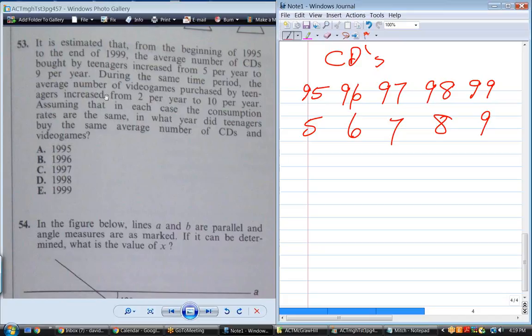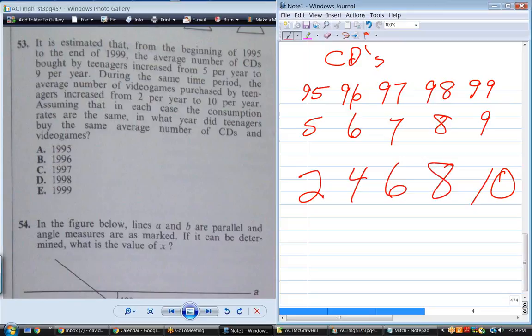During the same time period, the average number of video games purchased by teenagers increased from 2 to 10. Well, they must go 2, 4, 6, 8, 10. So that's how I was thinking of doing it.